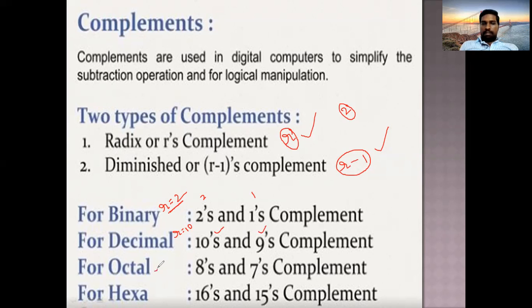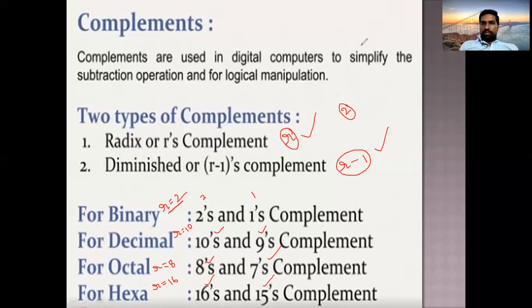For octal, the R value is 8. So there exist 8's complement and 7's complement. And for hexadecimal, the R value is equal to 16. Therefore, there exist 16's complement and 15's complement.